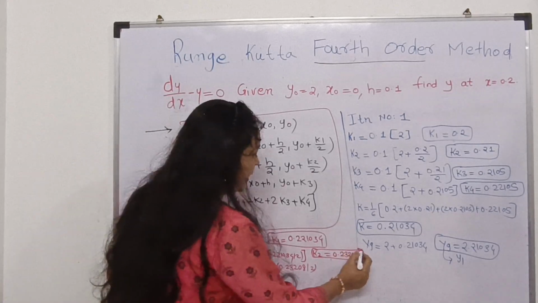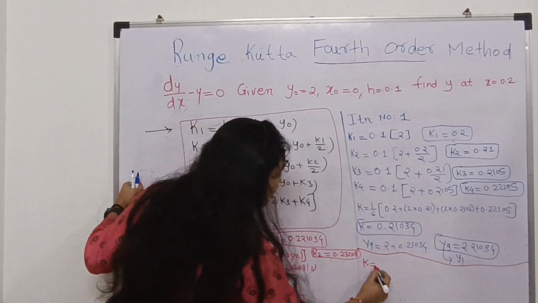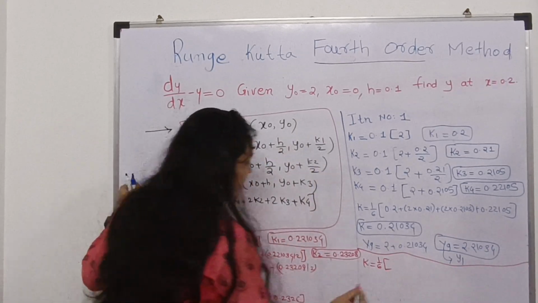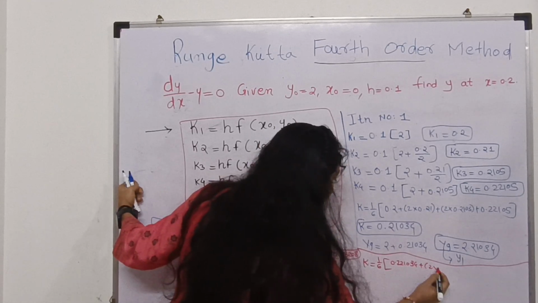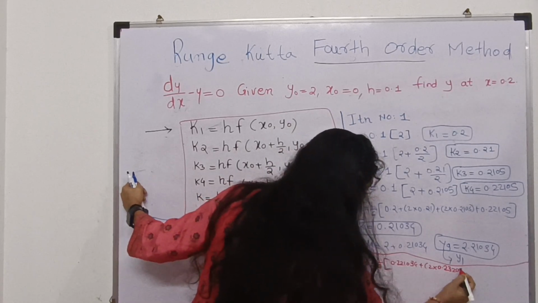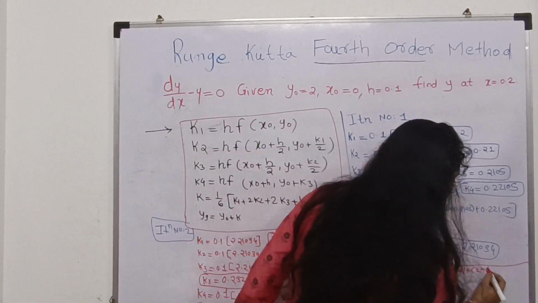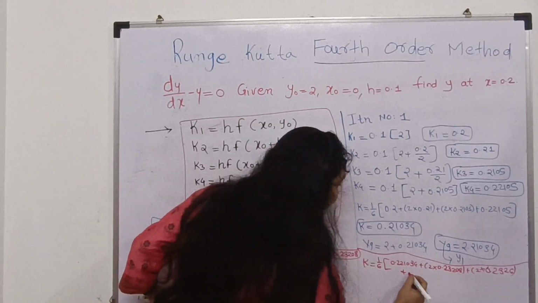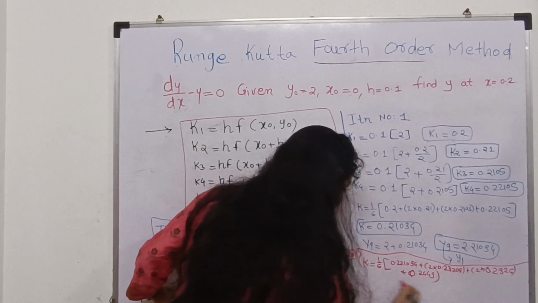Now let us do the calculation for K. So K becomes 1 by 6 into bracket K1, 0.22103, plus 2 multiplied by 0.23208 plus 2 multiplied by the K3 value 0.2326 plus the K4 value 0.2449.